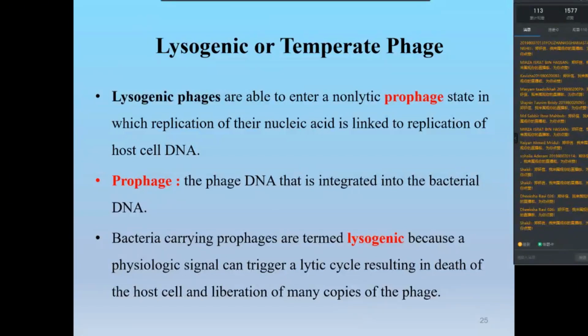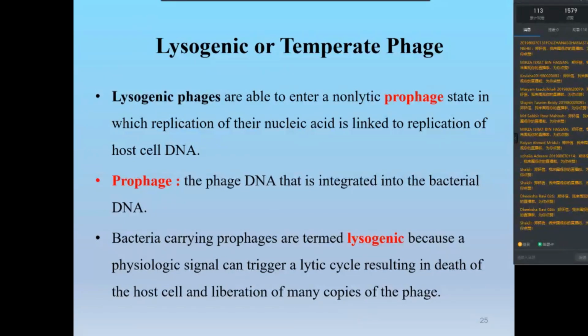So it links or inserts its DNA into the bacterial genome, bacterial DNA, and becomes quiescent. And in this prophage state, the phage DNA will replicate together with the bacterial DNA. Okay, so this is the lysogenic phage.